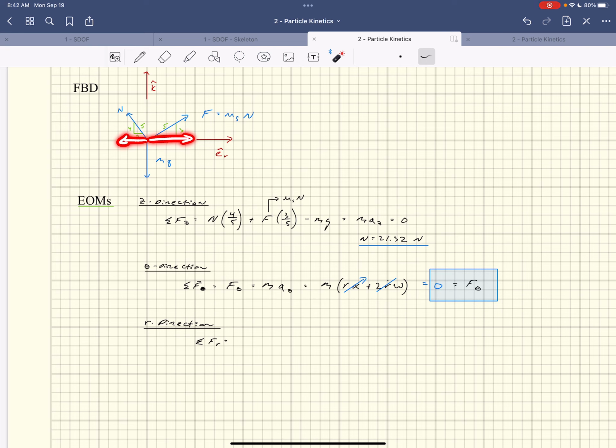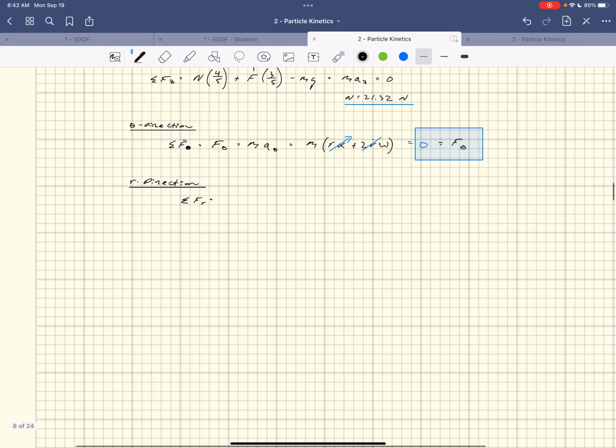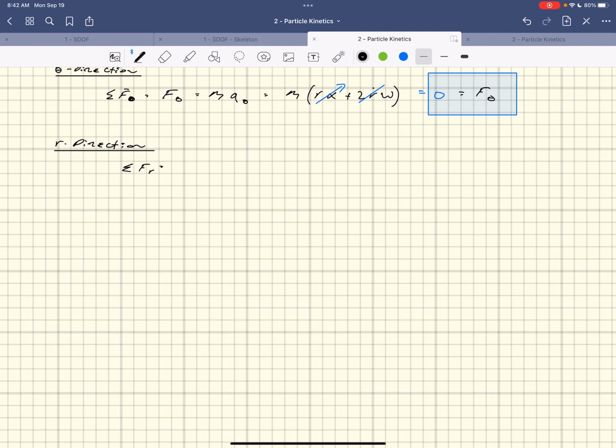So that normal force is going to be negative, right? And the friction force is going to be positive. And you look at the horizontal component of the forces. So N times 3/5 plus the friction force times 4/5 is equal to mass times AR. And those are the only two forces acting there. Gravity's not acting in that direction.